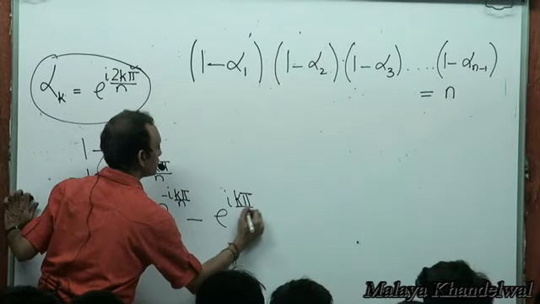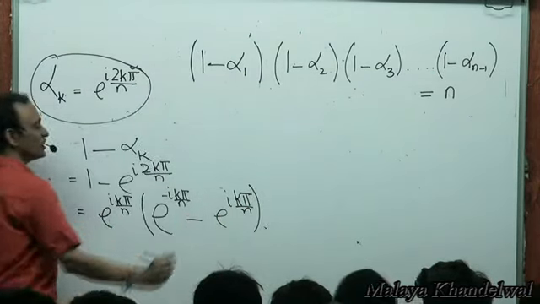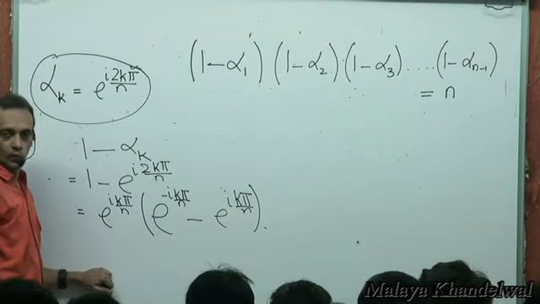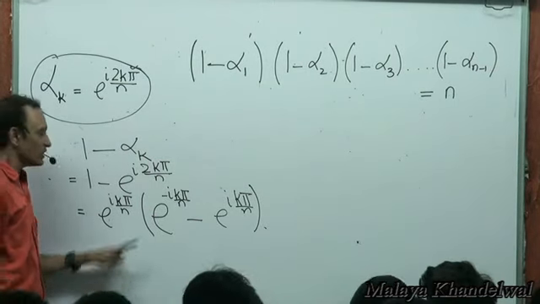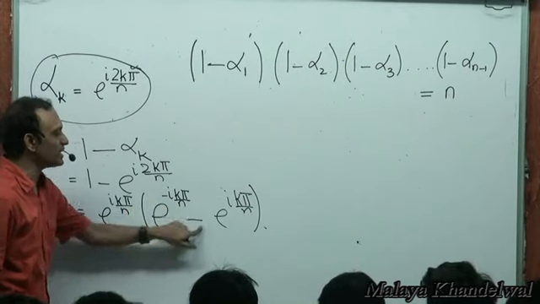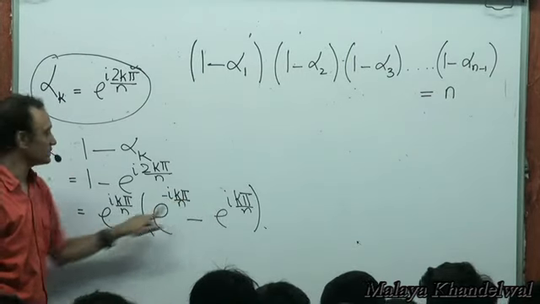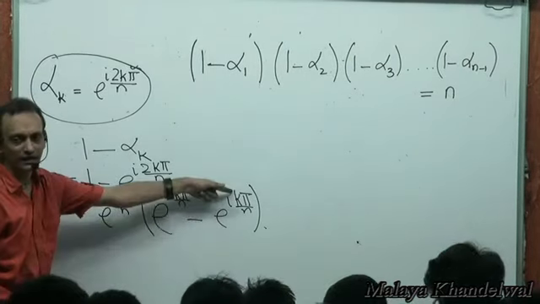This is what it gives me. Yes or no? Which is of the form e to the power minus i theta minus e to the power i theta.